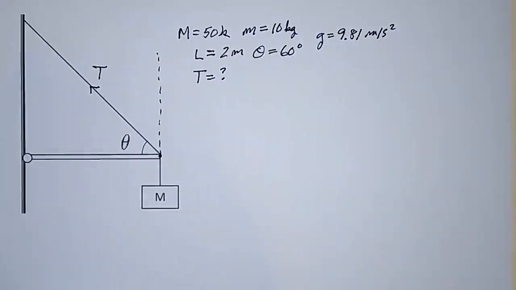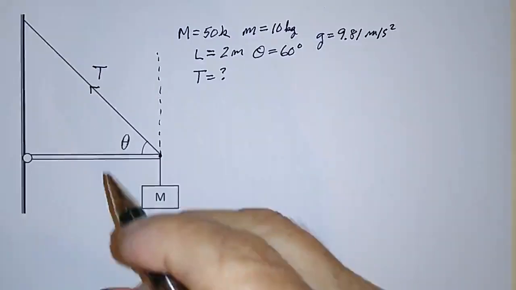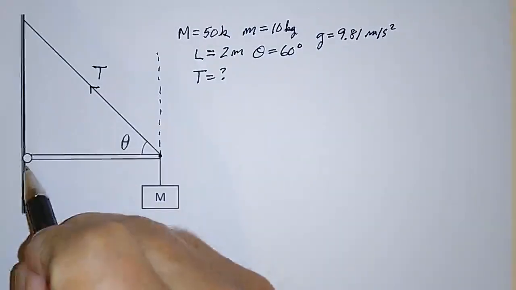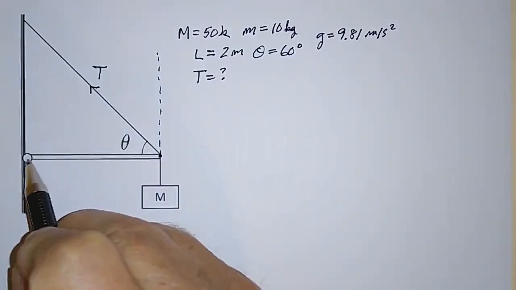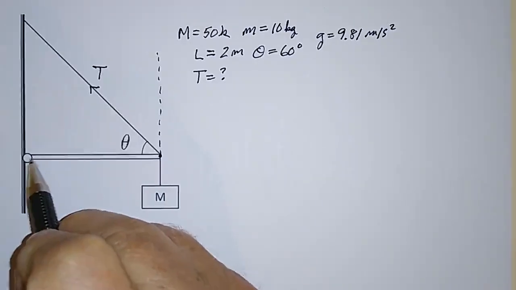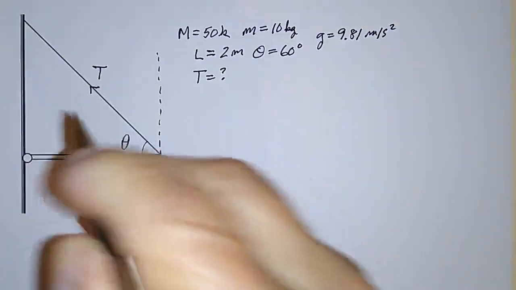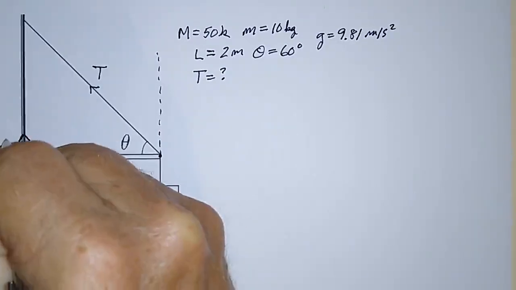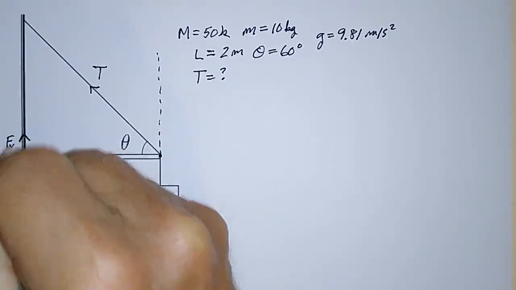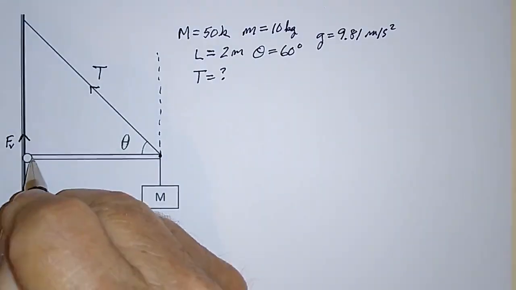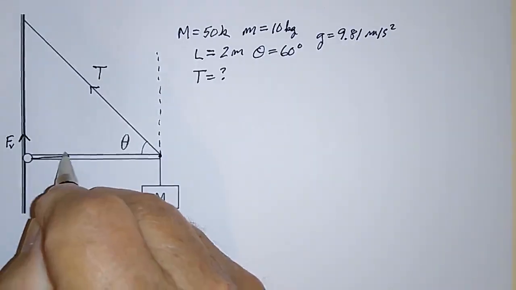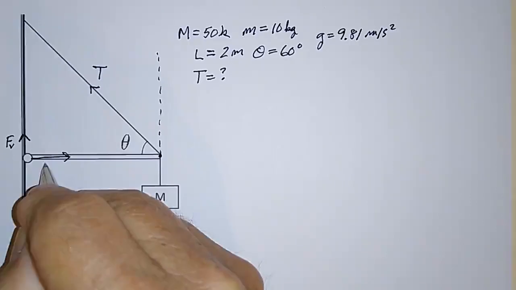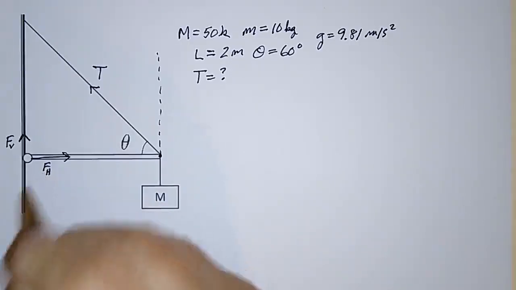We also want to know what the horizontal and the vertical forces are on the hinge that connect this whole apparatus to the wall here. So I'll make a picture of that. Here's the vertical component of the force, and here is the horizontal component of the force, like this.